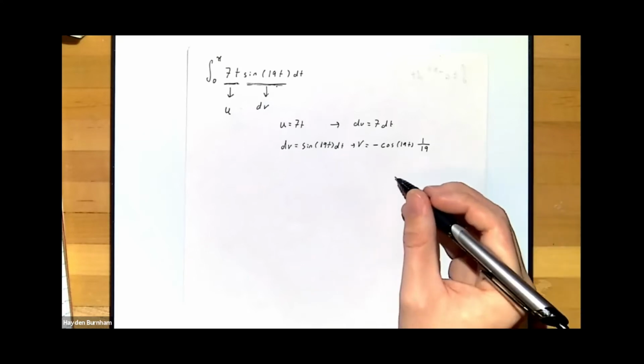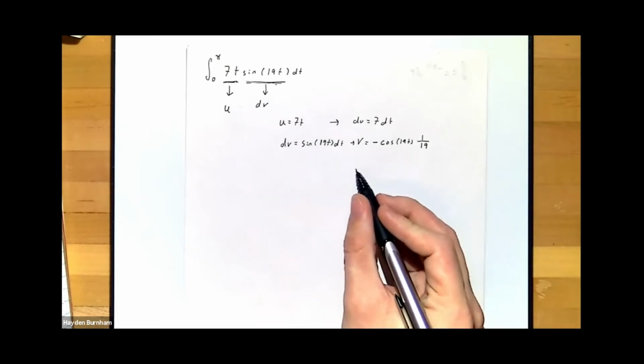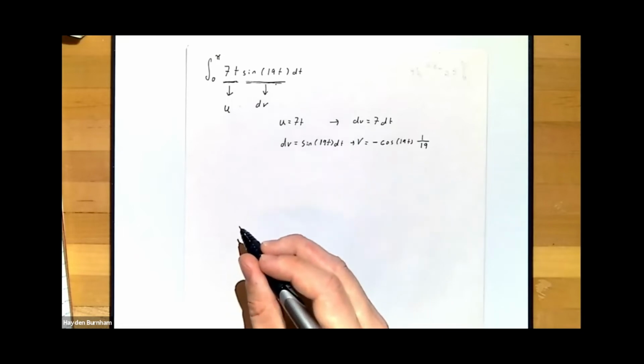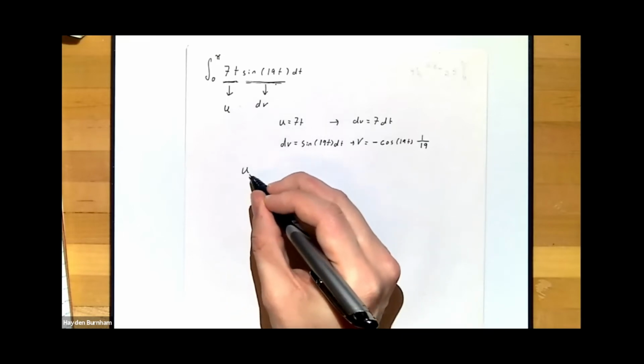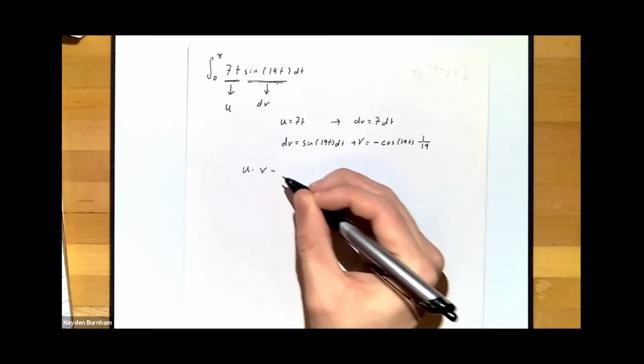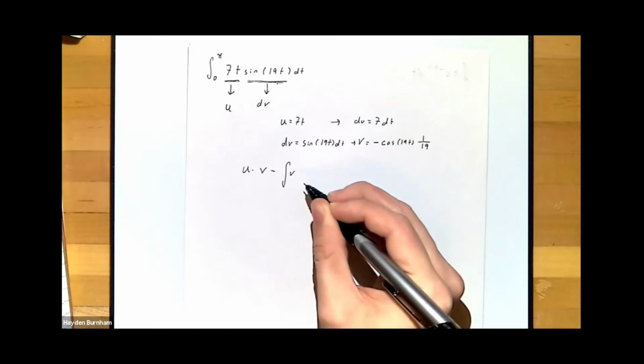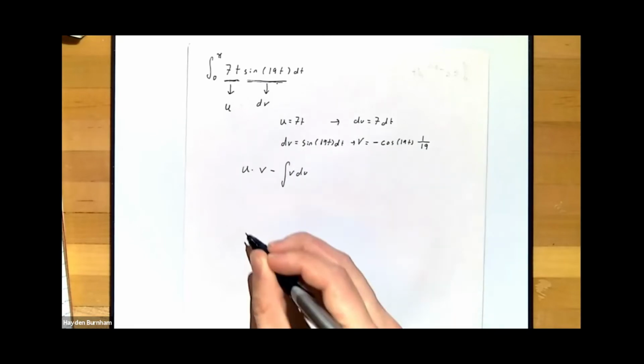Okay, so now that we have our u and our v, our dv and du, I can just use the equation I had before, which was u times v minus the integral of v du.